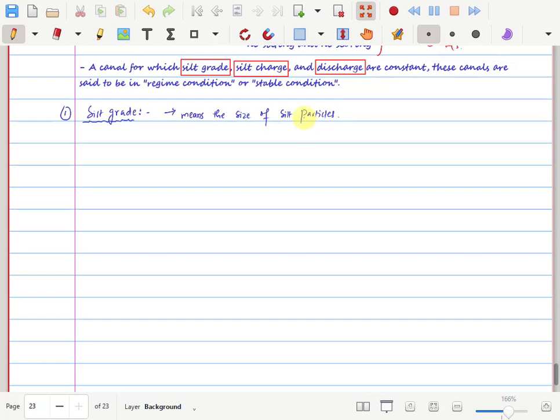Okay, so if the size of these particles is constant, right, then you can say that the silt grade is constant.